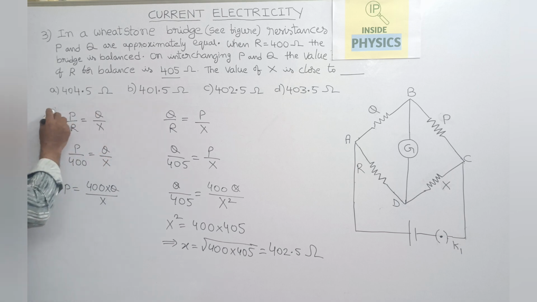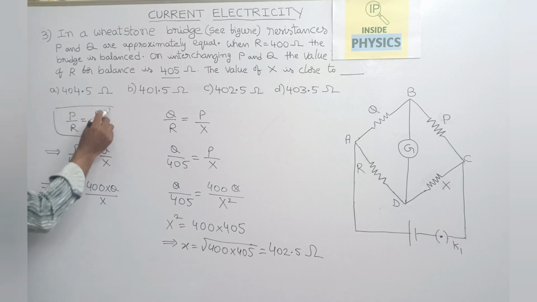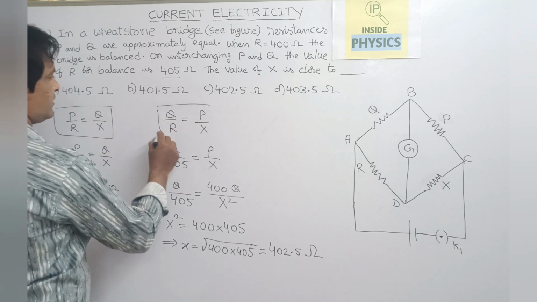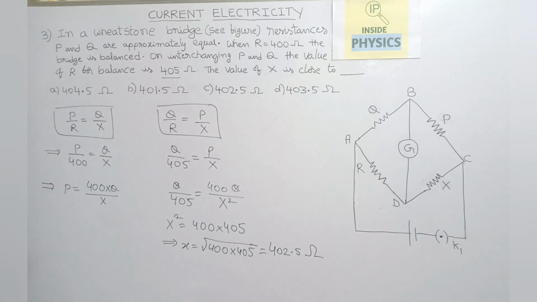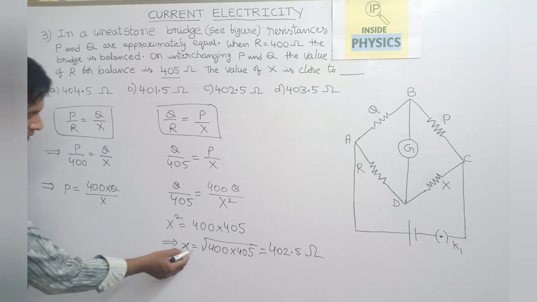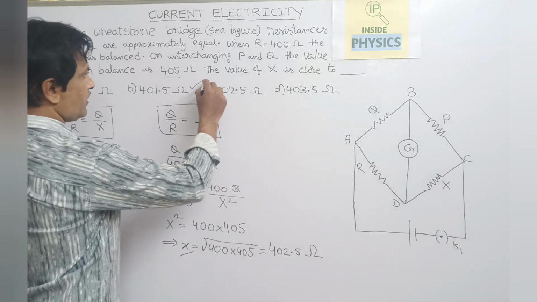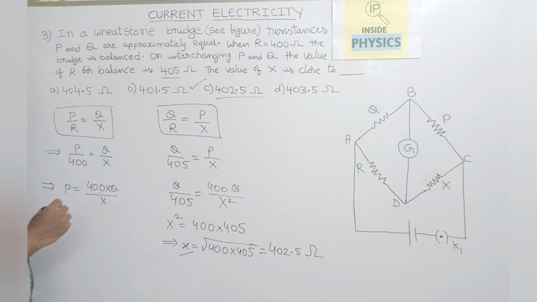So for the diagram we can write these two are the balancing conditions. So by this X value has come out to be 402.5 ohms. We'll move to the next problem.